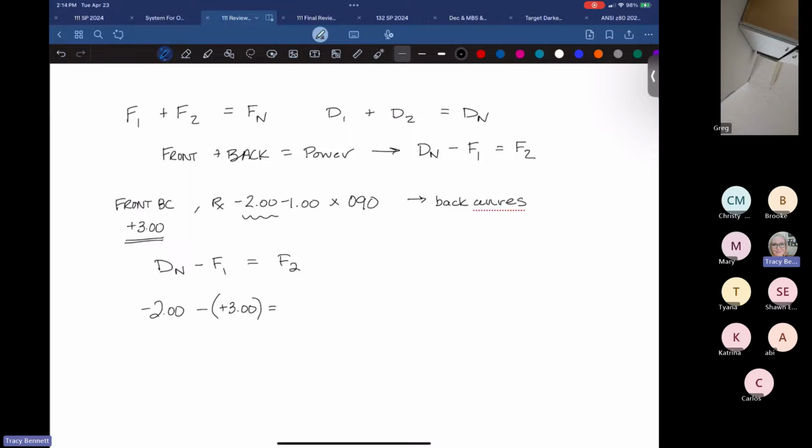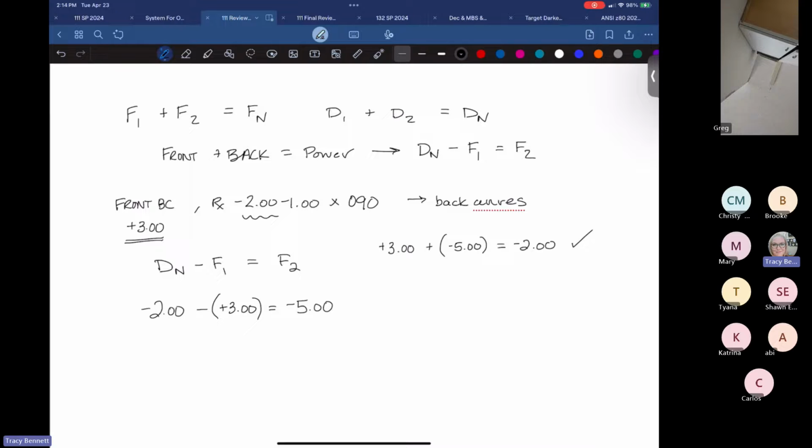So -2 minus +3 is going to give us a -5, right? And I can check that by saying front plus the back equals the power. So +3 plus that -5 is going to end up with -2, right? So that's a way to check what we just did.